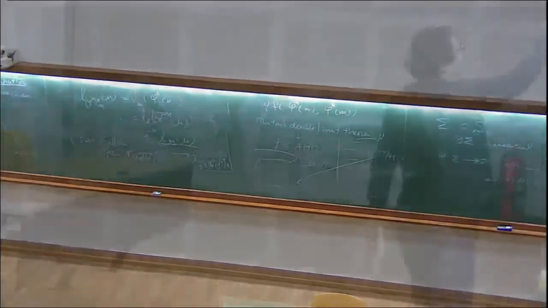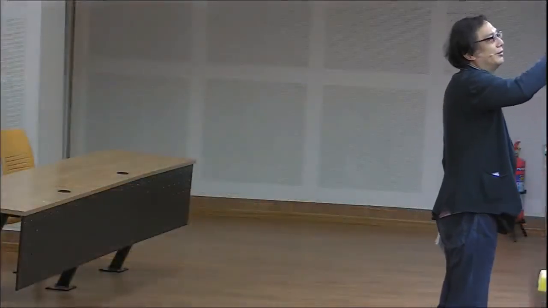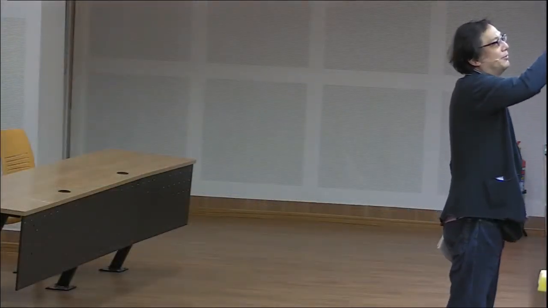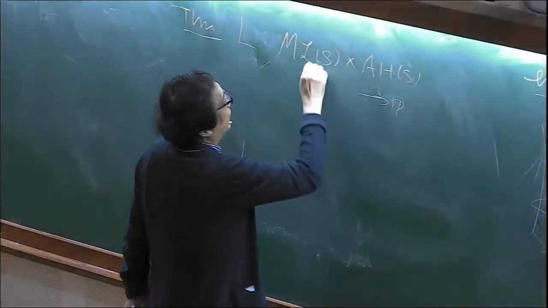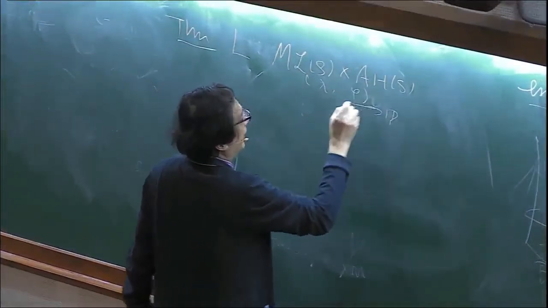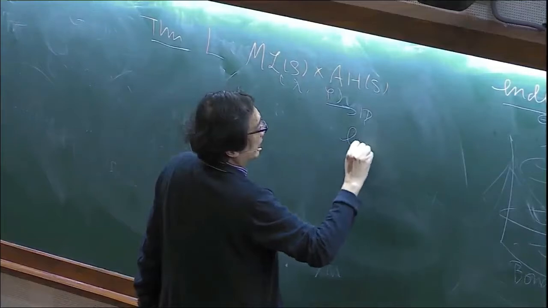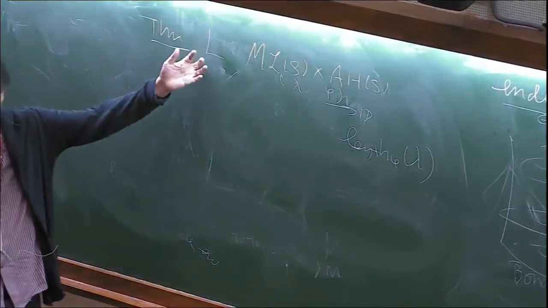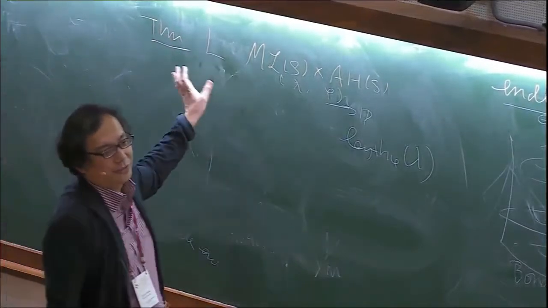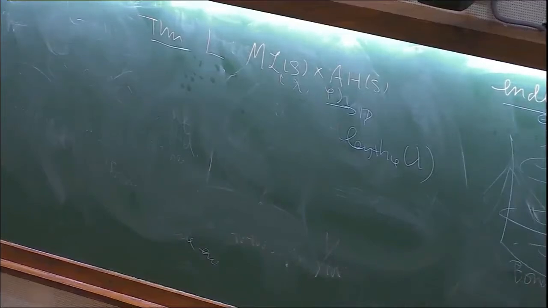Let me recall the theorem: the length function from the space of measured laminations times AH(S) to R, which for a lamination lambda and phi just takes the length of lambda with respect to phi, is continuous. That's what I stated in the last talk.